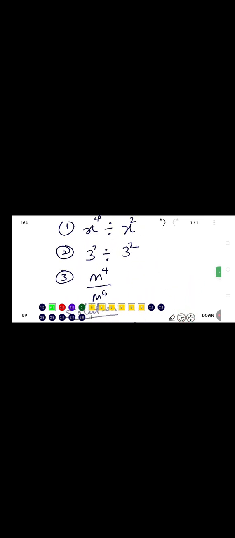Now number two, we have 3 raised to power 7 divided by 3 raised to power 2.